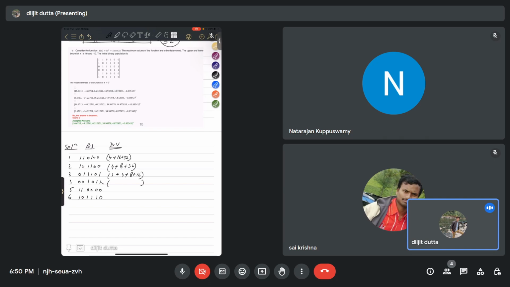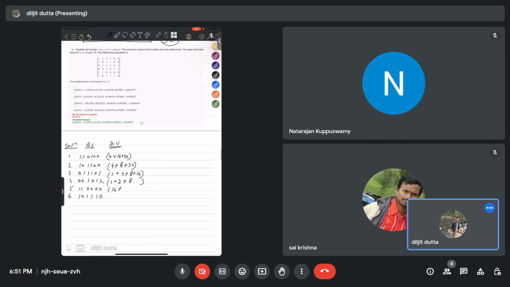For this one, for the first term it will be 1, for the second term it will be 2, and for the fourth term it will be 8, right? 2 to the power 3 will be 8, and for this one it will be 16 plus 32, that is 2 to the power 4 plus 2 to the power 5, and for this one 2 plus 4 plus 8 plus 32.